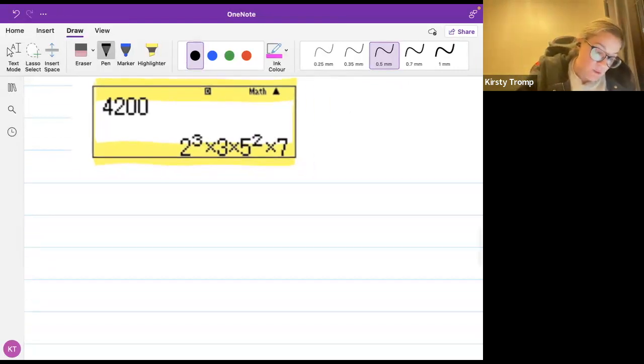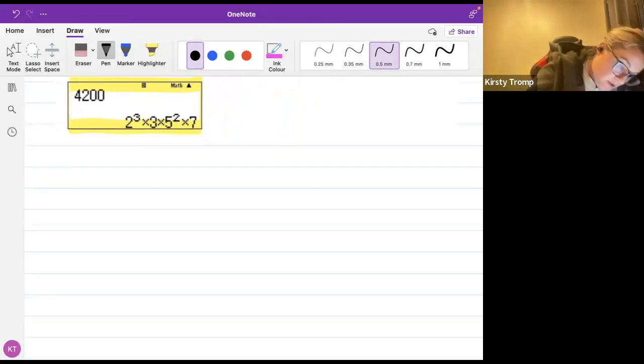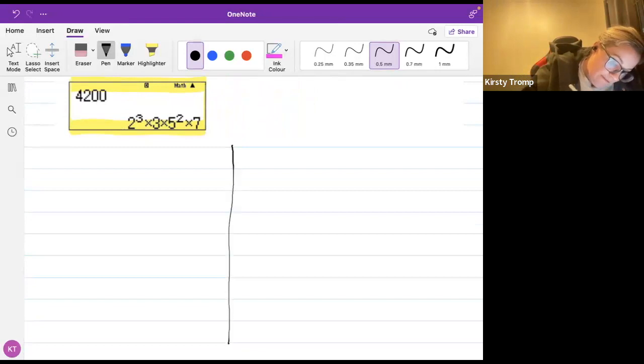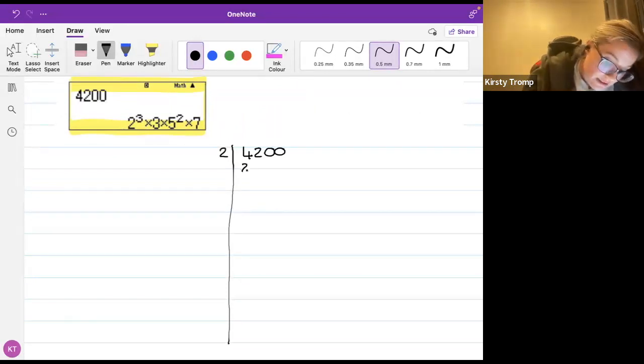Let's have a look and test whether this actually is right, guys, by doing it the old school way. So if I use a factor tree, I've got 4,200. And the first factor that I can see going into that is the factor of 2. 4,200 divided by 2 gives you 2,100. 2 can go into 2,100.